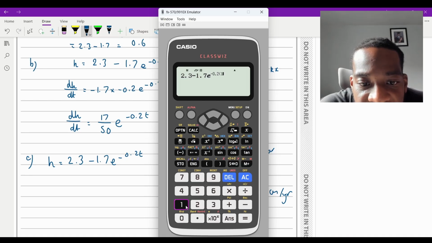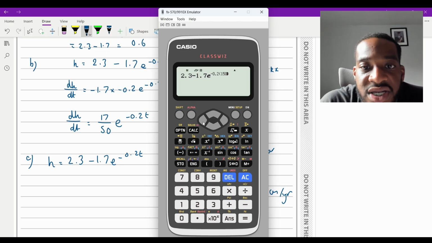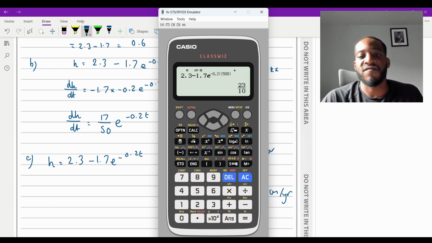Now let's just say I made t 10. What happens? It becomes 2.06. Let's say I made it 15. It becomes 2.21. Let's say I made it 150. 23 over 10, 2.3. Let's say I made it 1,500. You can see it's 23 over 10, 2.3.